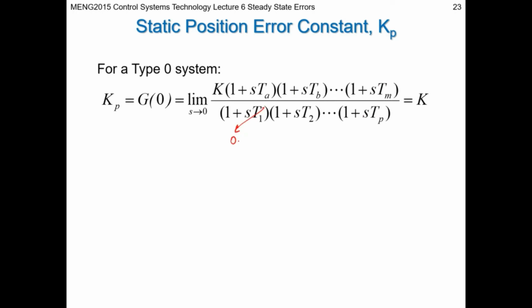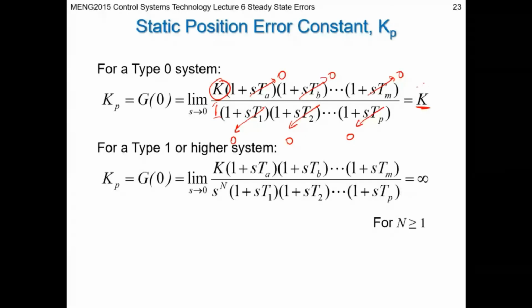All of these terms are going to 0, 0, 0, 0, 0, 0. All we're left with is K over 1. Lots of ones. Right? So that means that for a type 0 system, Kp equals our gain K.